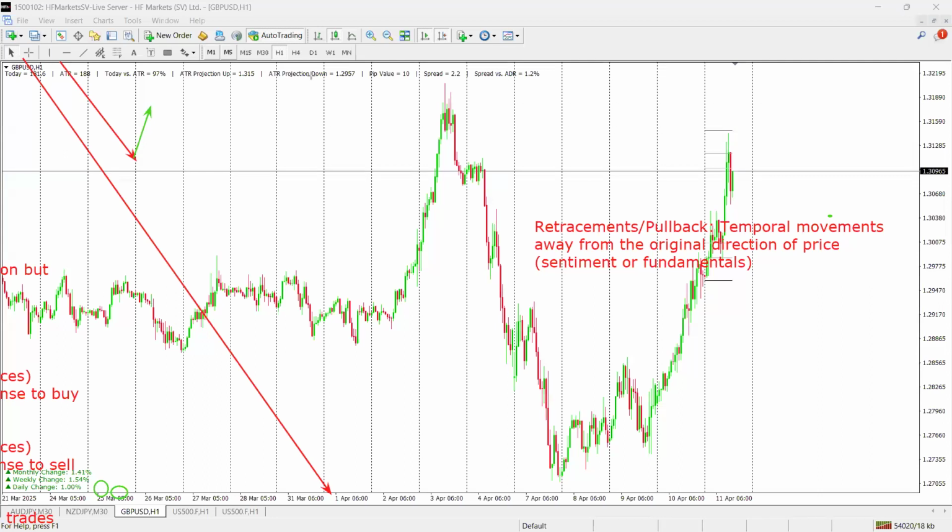It pulls back a little bit. Then it continues. And then it pulls back a little bit again. And then it continues.